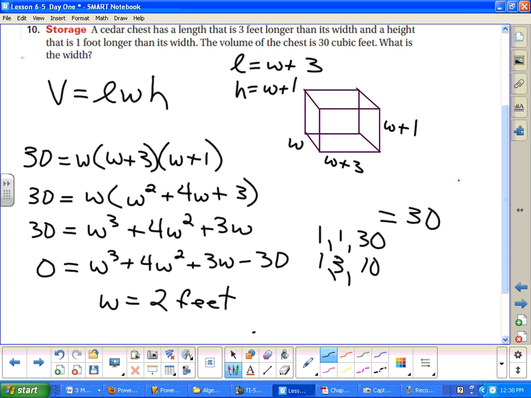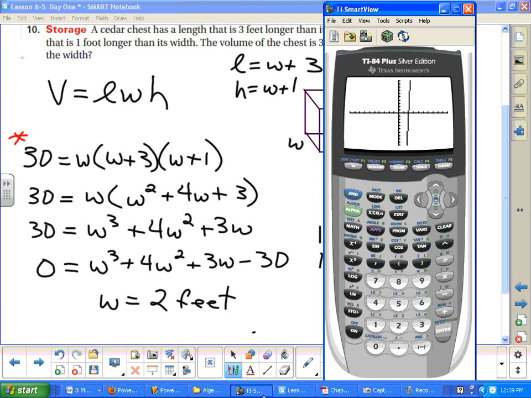Now, most of the time when you have problems like this, you're not going to be able to get it down to something that's nicely factorable. So in that case, we could have actually gone to this part and found our answer there. Let me show you this again.